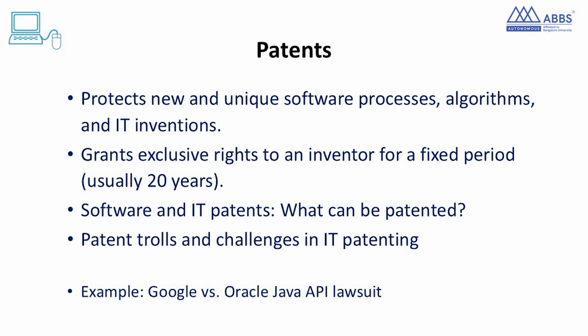Now, for software and IT patents, a set of norms are laid down on what can be patented and what cannot be patented. One of the best examples for this is Google, which has been creating lots and lots of content on the digital media.